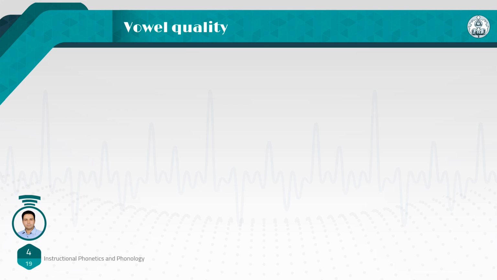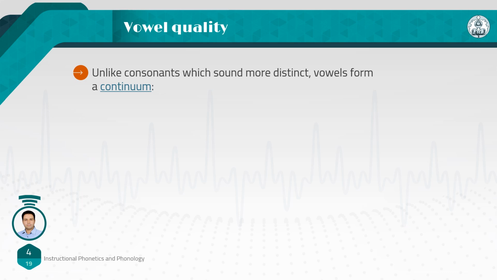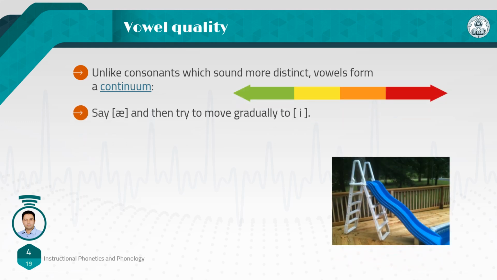Vowel quality. Unlike consonants, which sound more distinct, vowels form a continuum. Say, for example, A, and then try to move gradually to E. That is, try to connect them together. If you pay attention, we had two other vowels in the middle.